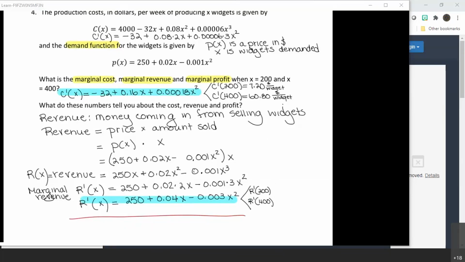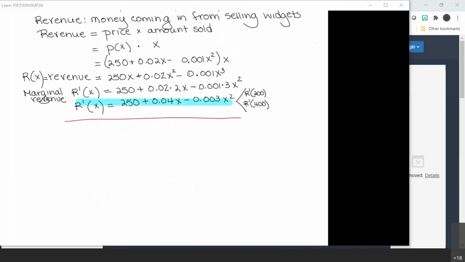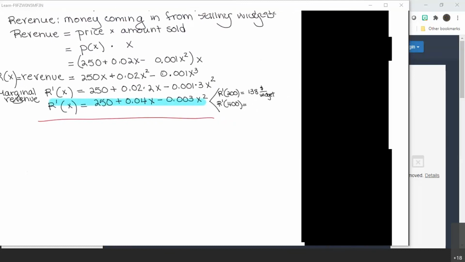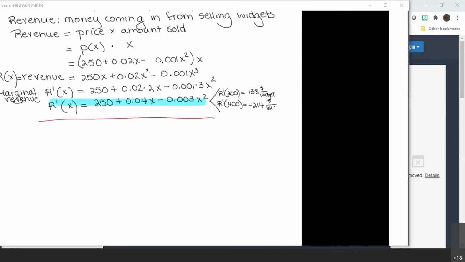Again, I'm just taking this derivative that I calculated and plugging in the different values. So this is going to be 138, and again, dollars per widget. And negative 214 dollars per widget.